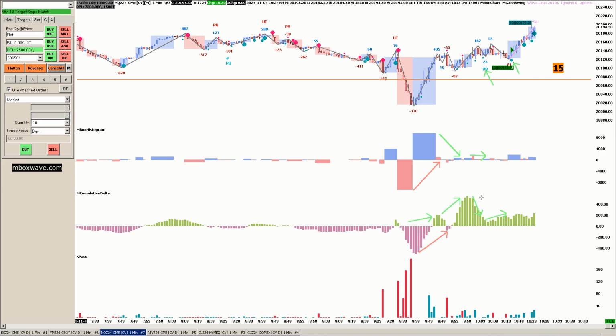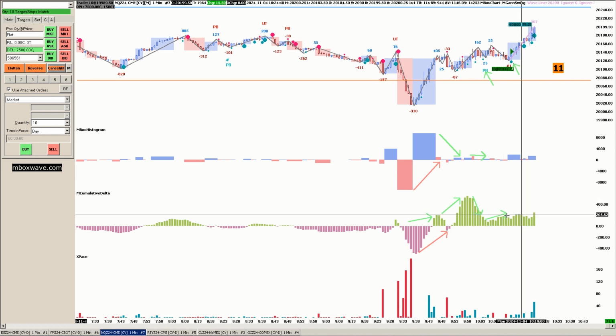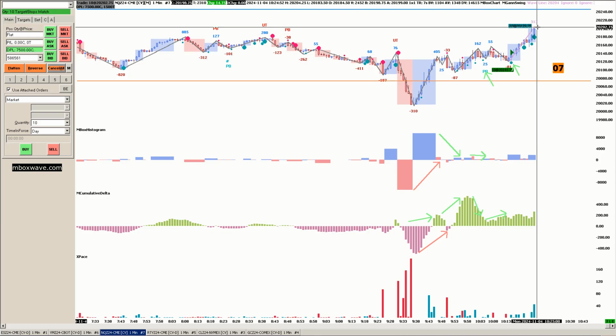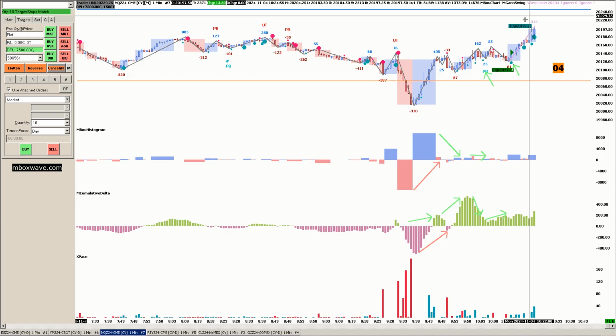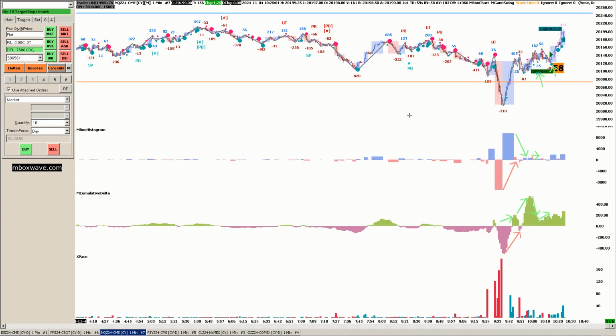And it looks like it's still very neutral buying here, but maybe price will go up to this area of resistance. We gotta watch.